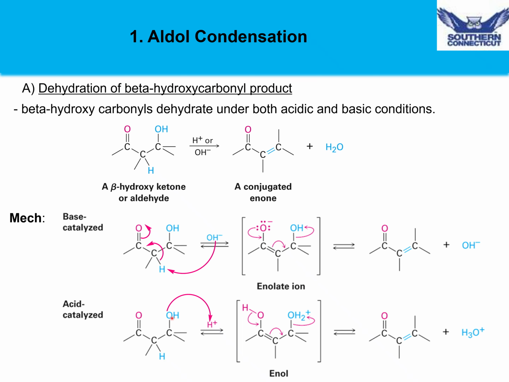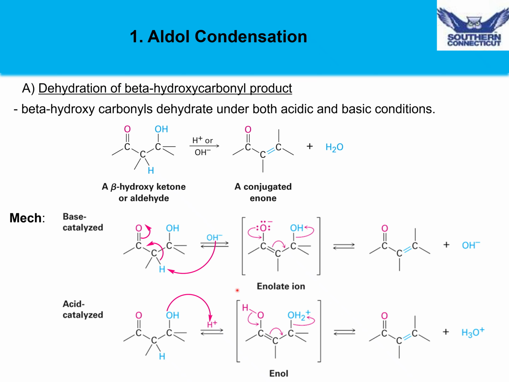We can also remove a water molecule from a beta hydroxycarbonyl by adding acid. In that case, the alcohol will be protonated first, and then the enol of this carbonyl, remember enols are always in equilibrium with carbonyl compounds, the enol will eliminate that protonated alcohol as follows.